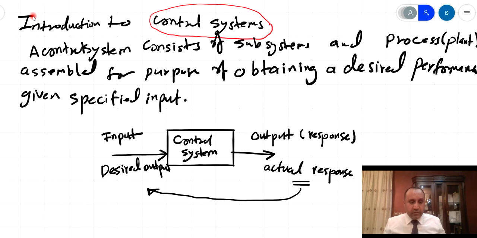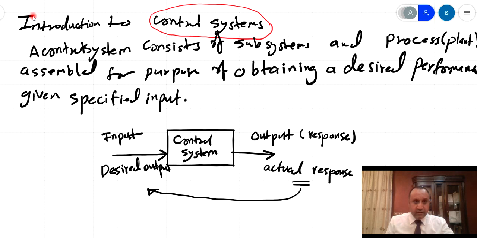Now, for the input, this is an excitation or command applied to the control system in order to produce a desired response. So simply, here I can define the input.